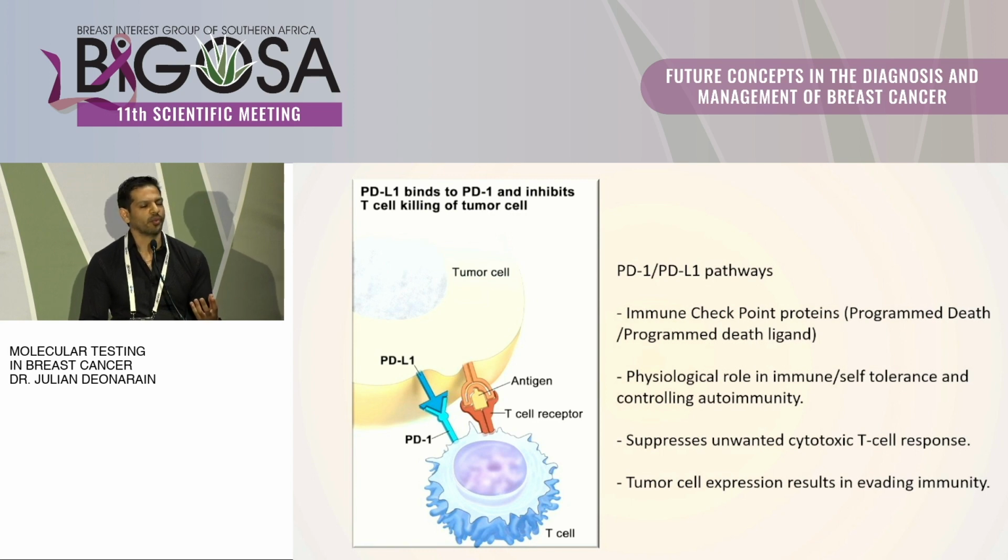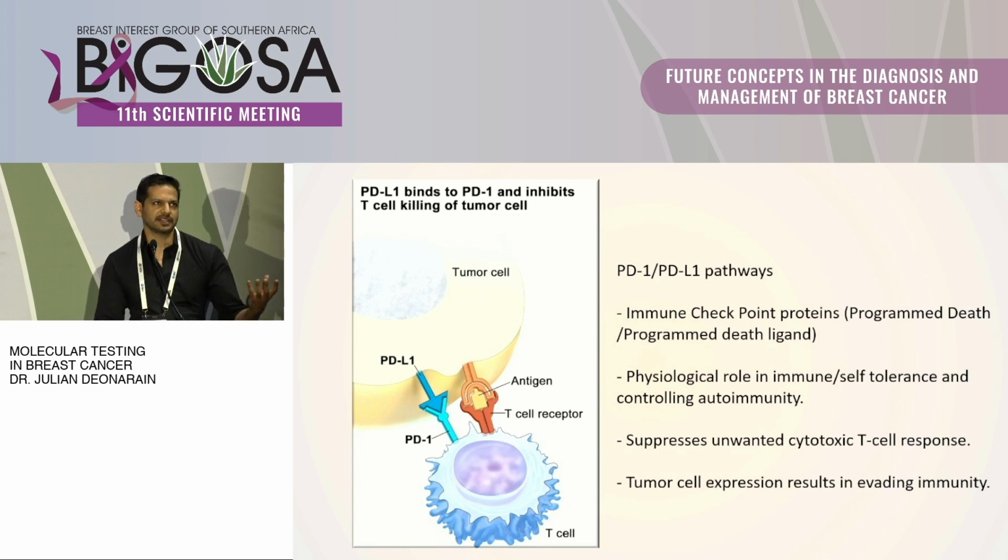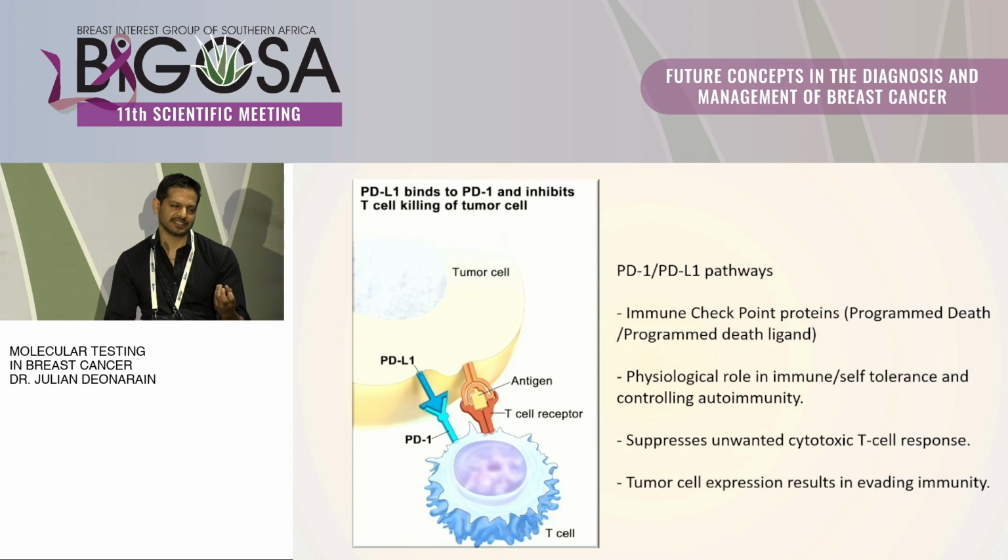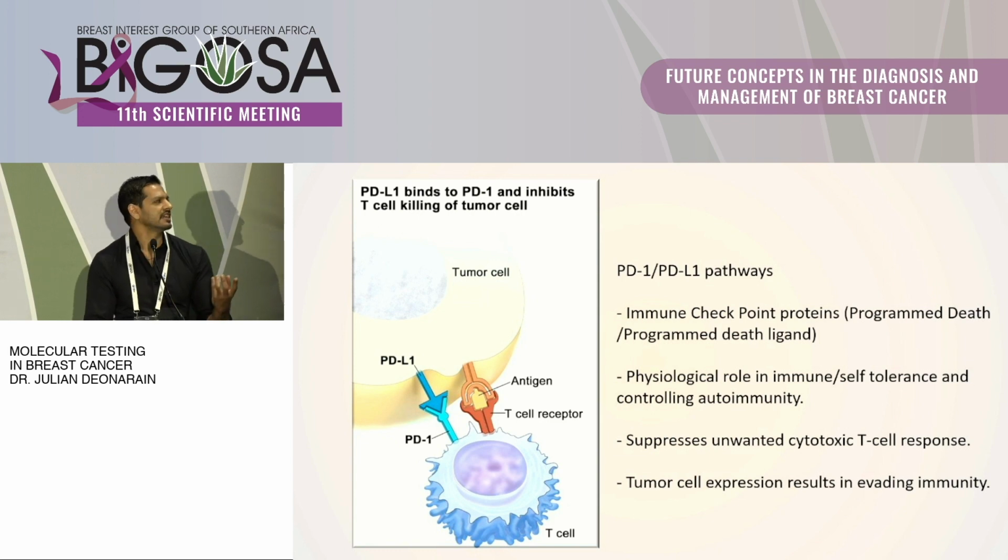So when one of our body cells interacts with a cytotoxic T lymphocyte, the T lymphocyte needs to know that the cell is not foreign and not abnormal. And the PD-L1 pathway, which is active, actually deactivates the cytotoxicity effects of that T cell.